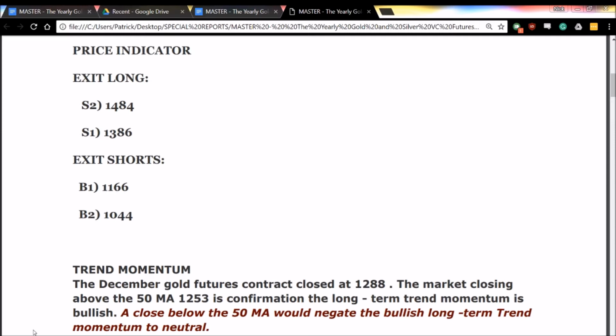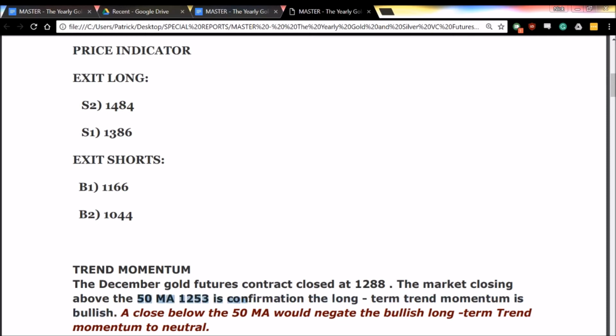In this case, with gold closing at 1288 on September 28, 2017, it's indicating by closing above the 50-day moving average that the long-term trend momentum is bullish.